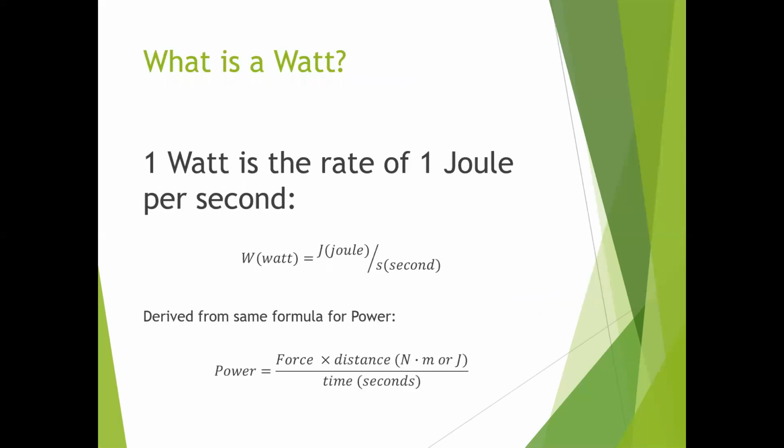So when we look at the basics of this formula, 1 watt is the rate of 1 joule per second. All right. So power then is equal to force times distance, Newton meters or joules, over time.